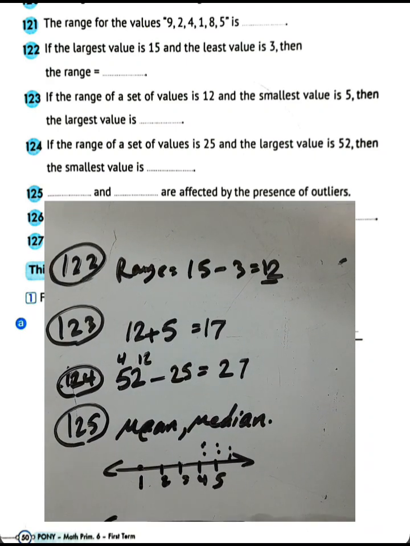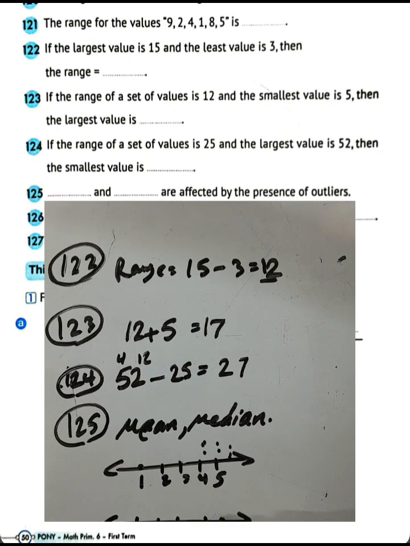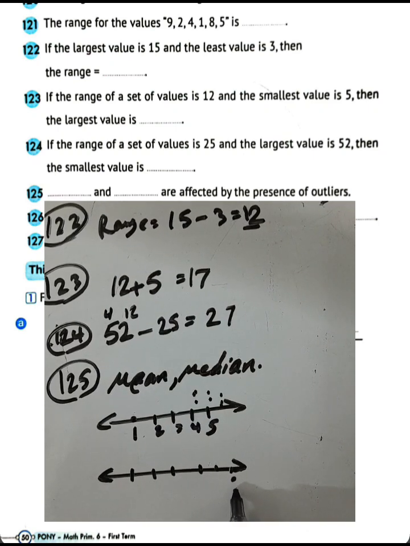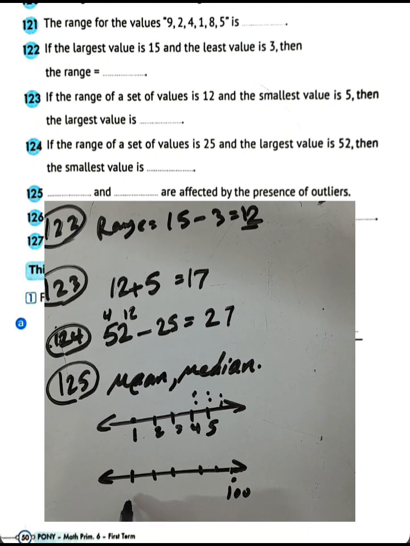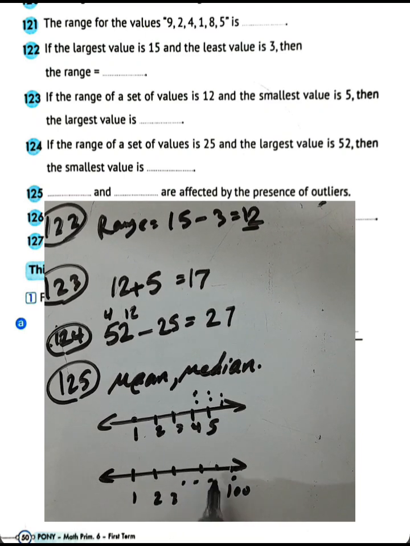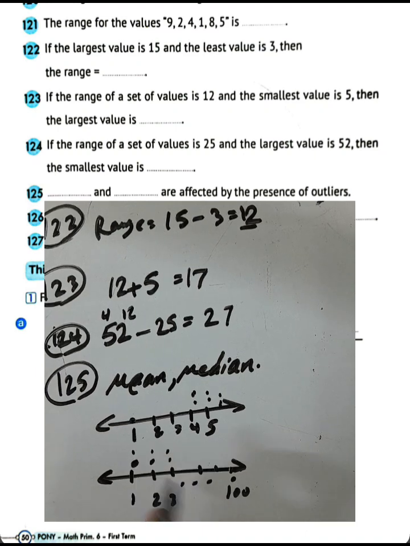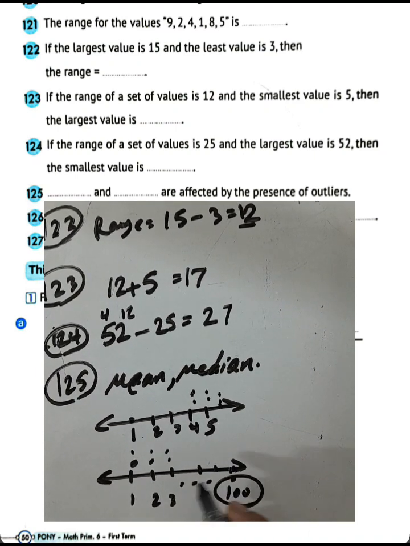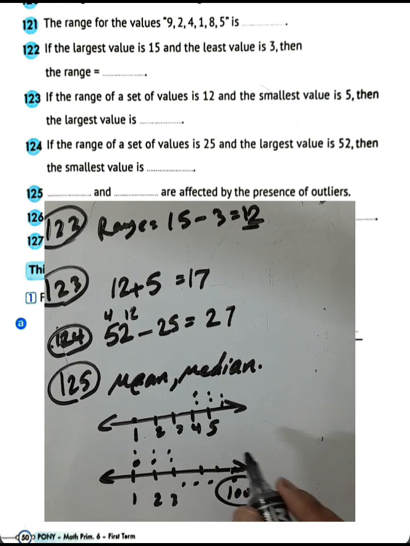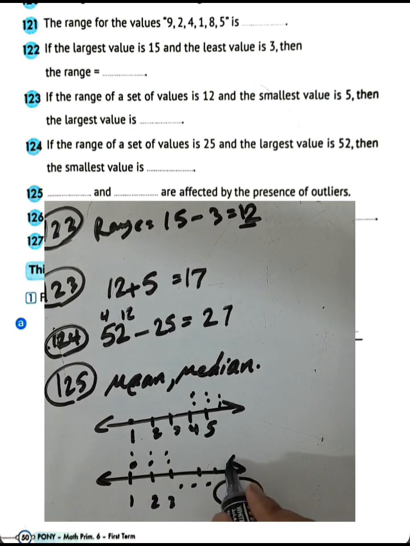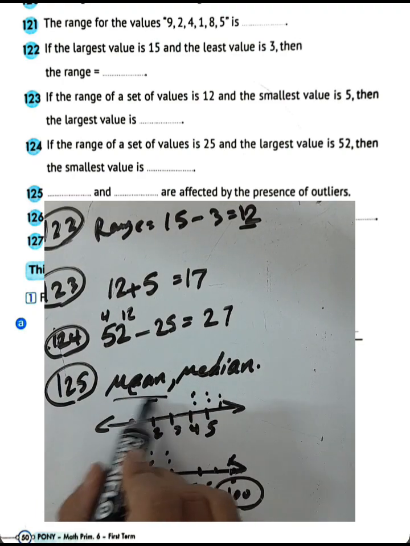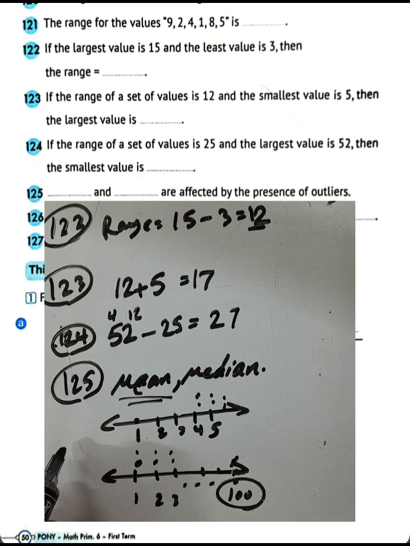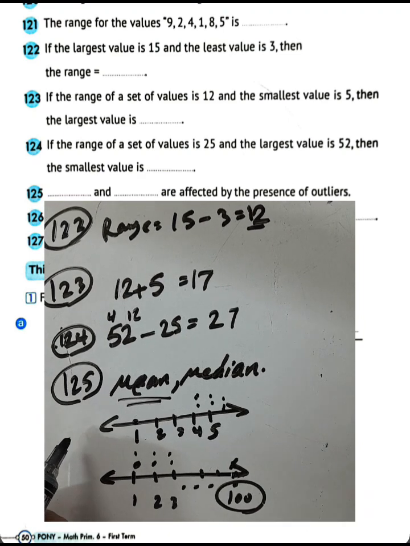But if all points are to the left-hand side and the outlier is to the right-hand side, such that we have 100 here and 1 2 3 there, then the outlier will increase the mean. So the mean and the median are affected by the presence of outliers.